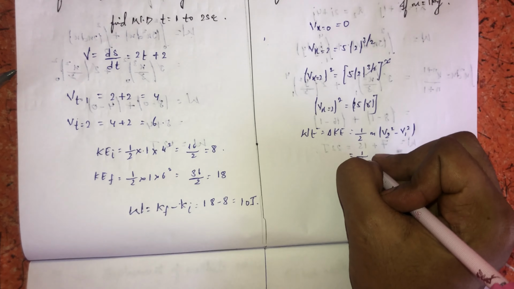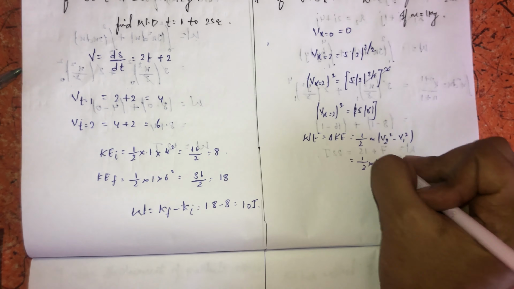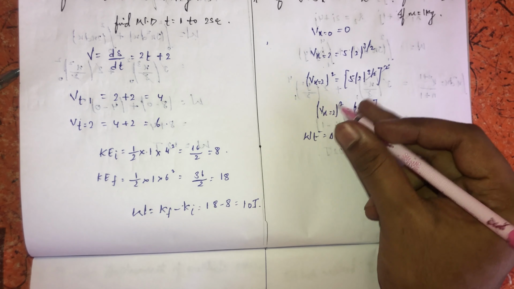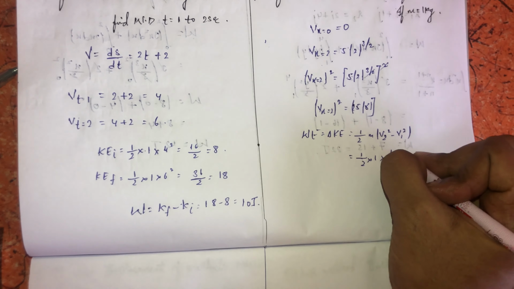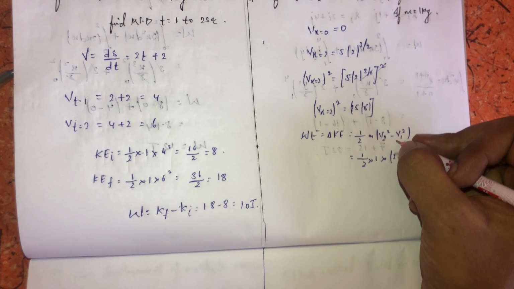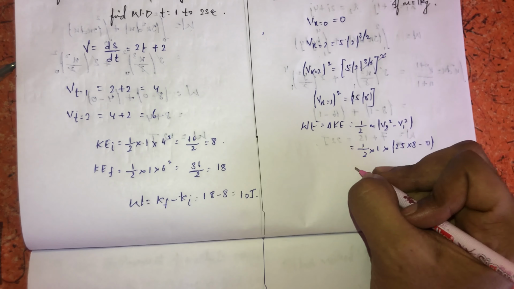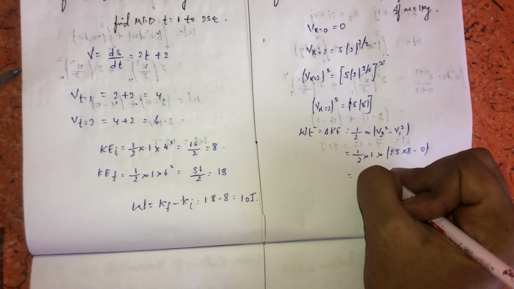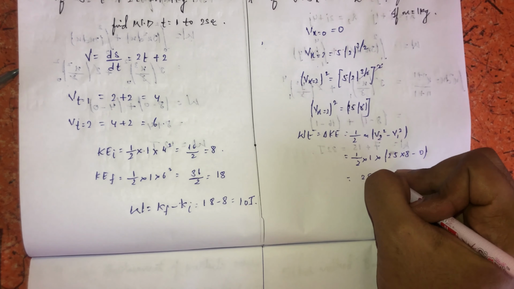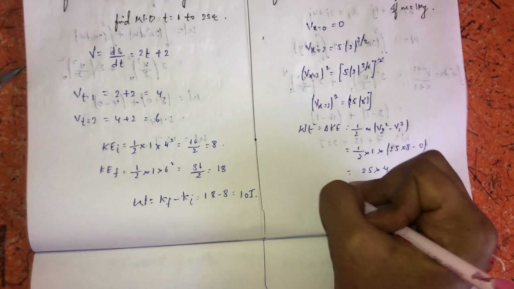Half, mass is 1 kg, v2 square will be equal to nothing but v at x equal to 2 whole square, 25 into 8, that is final square minus v initial whole square. V initial means 0, so 25 into 2, 4s are, so 25 into 4, work done will be equal to 100 joules.